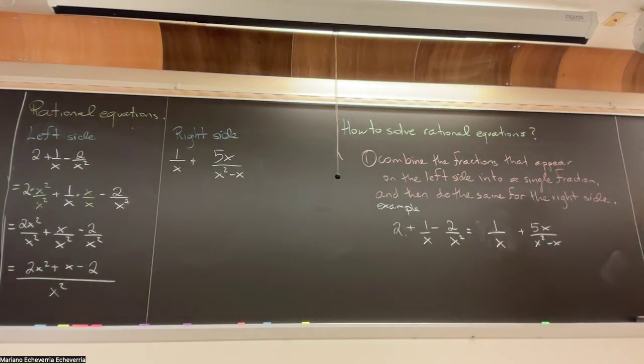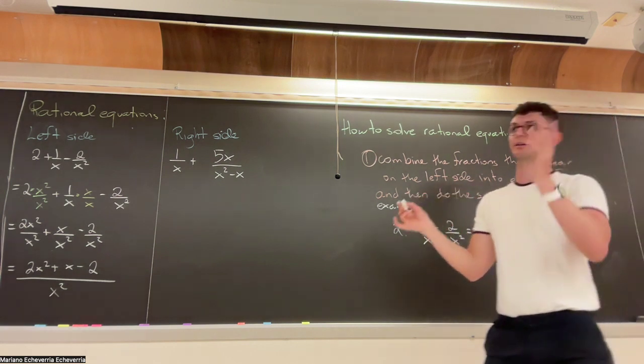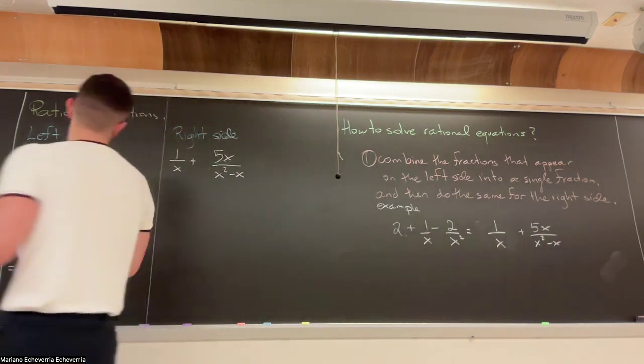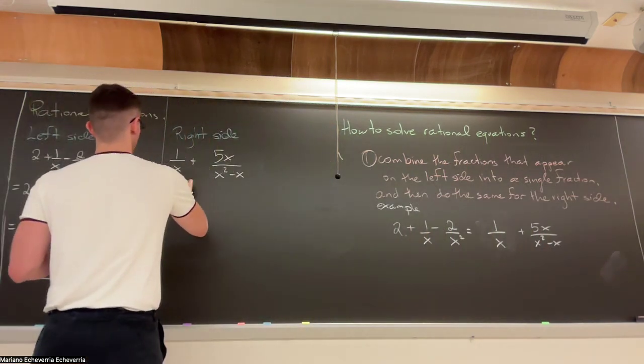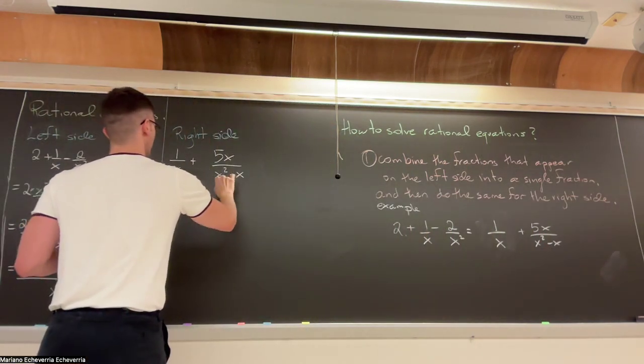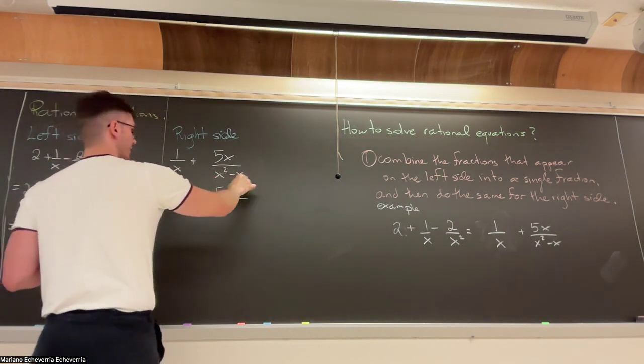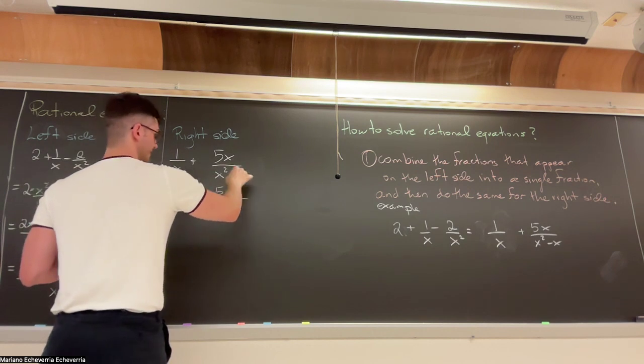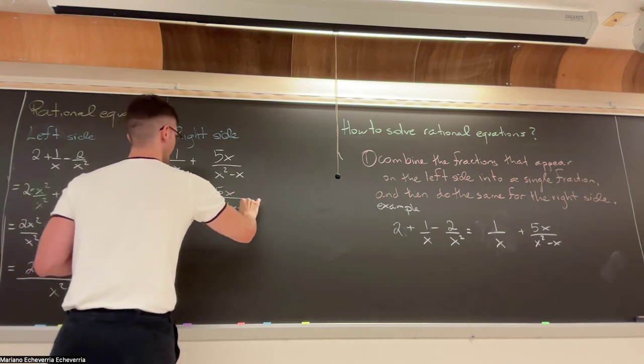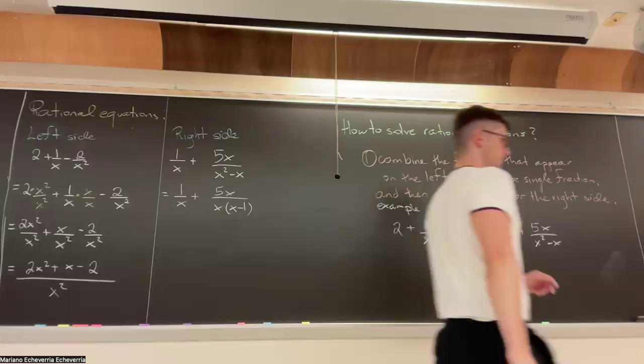Before combining, the recommendation is to factor out as much as you can at the denominators to see what's really missing in each of them. So I'll rewrite this as 1 over x plus 5x. What can you factor out here? You can factor out an x in the second denominator, so x times.